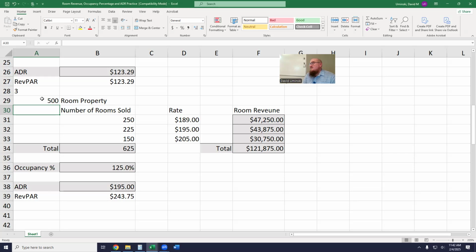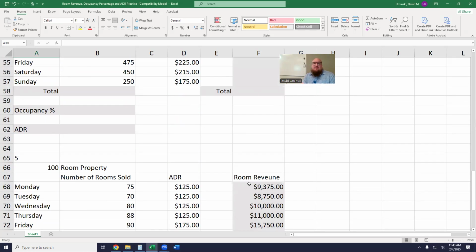You could even create your own little RevPAR, ADR, occupancy calculator in Excel, and you can just put the numbers in and boom, it will automatically spit out the answer for you. You can create your own little calculator that's specific for things that we do in class. So I highly recommend Excel.